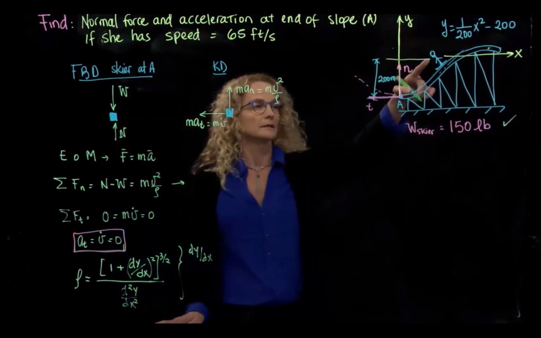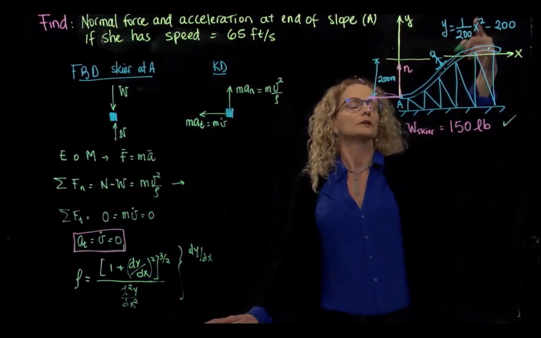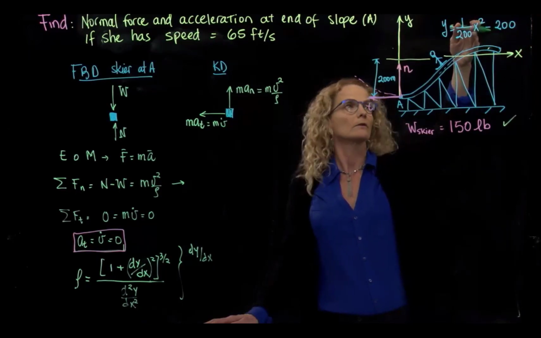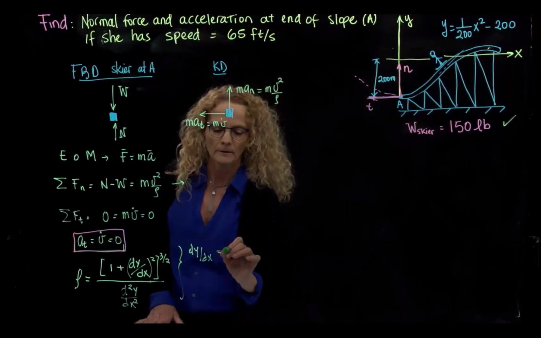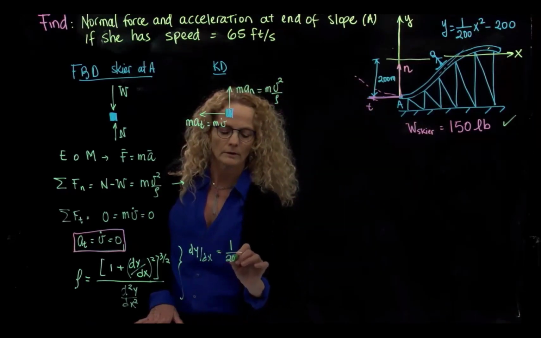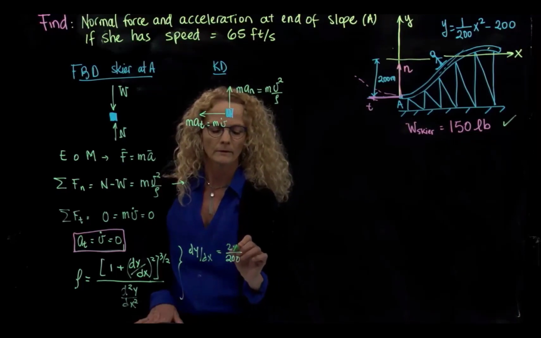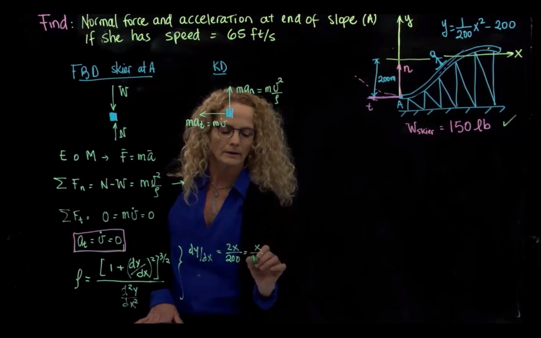This is simple to derive because it's just a polynomial. The derivative of a constant is 0. The derivative of x squared is 2x, over 200, so this is equal to x divided by 100.